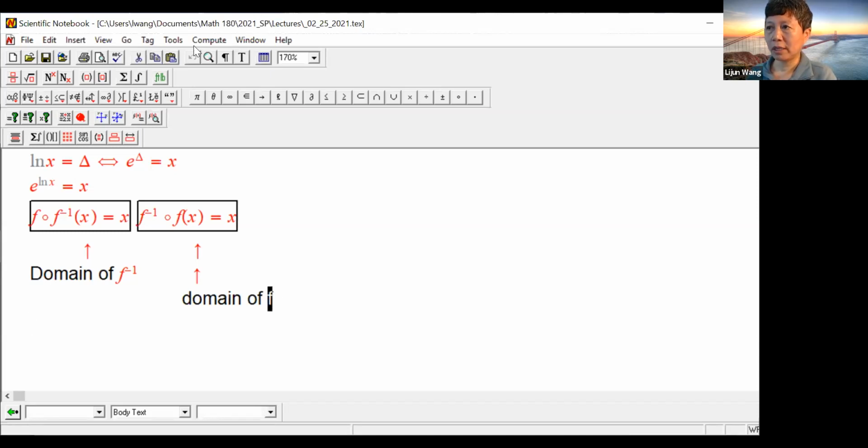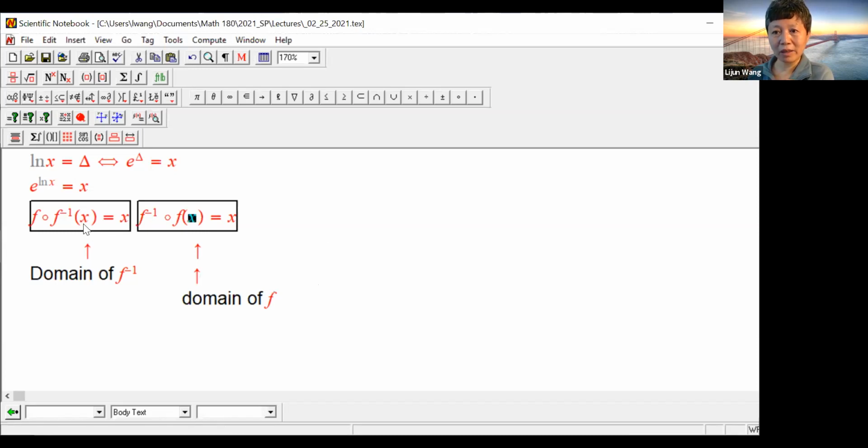These two domains may not be the same. Do you follow me? So even though these two axes are both called x, you need to be aware. That's why you need to write mathematics the way I show you: even though they're both called x, they're not the same thing.